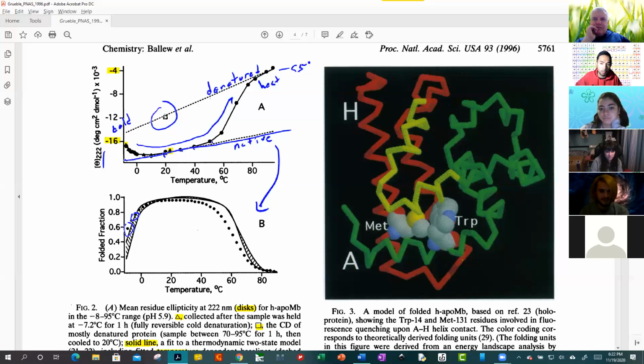I mean, doesn't it say in the figure that they held the sample at like 70 to 95 Celsius for an hour and then cooled it and then took the CD?